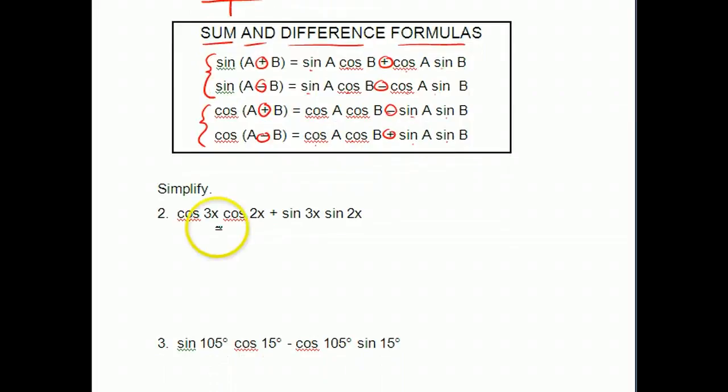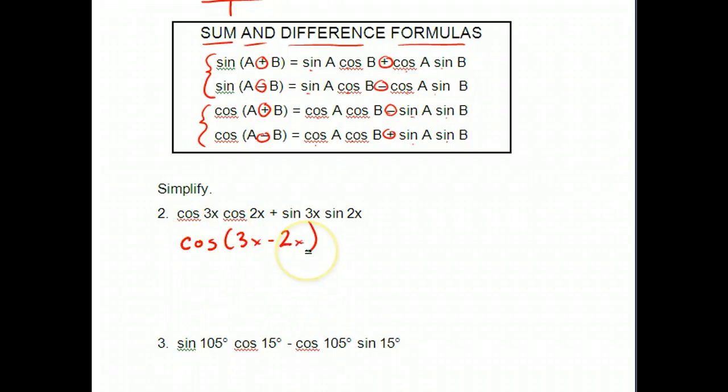So here we're just trying to simplify this as much as we can. I see cos 3x times cos 2x plus sine 3x times sine 2x. I go up here and try to figure out which one this looks like. Here I've got cos cos, so it must be a cos formula, and I've got the plus sign there, so I can take all of this and rewrite it as cos of 3x minus 2x.